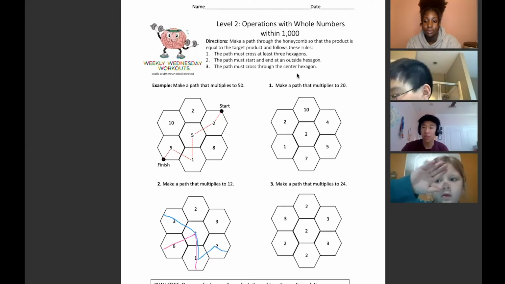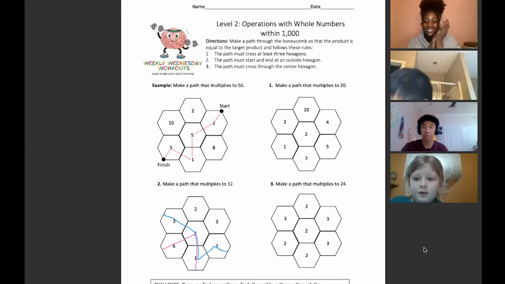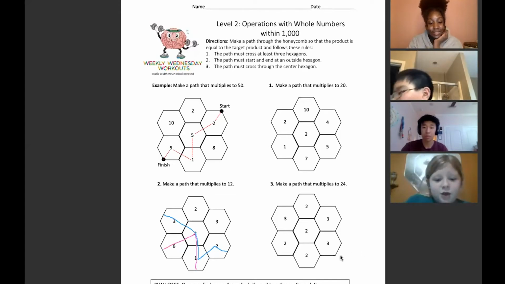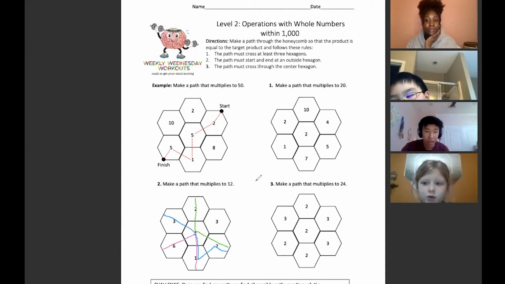Creative solution. I also remember Pauline raising her hand at some point. Do you have an answer, Pauline? Yes, sir. I put the 2 at the top, to the 2 at the middle, to the 2 at the bottom. Oh, okay. So if we do 2 times 2 times 2, then I think we actually end up with 8.